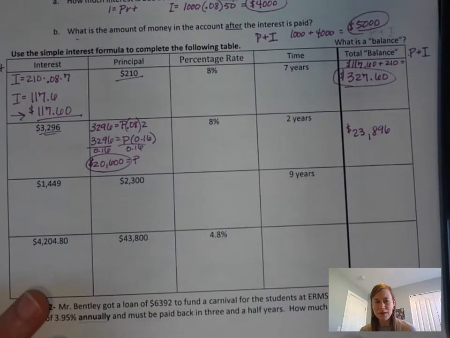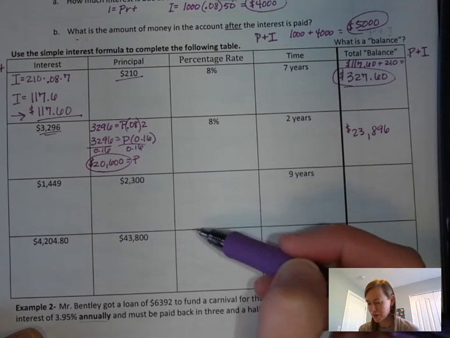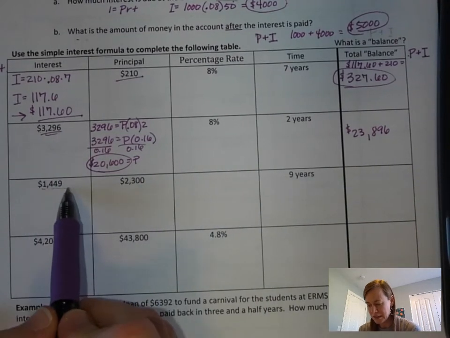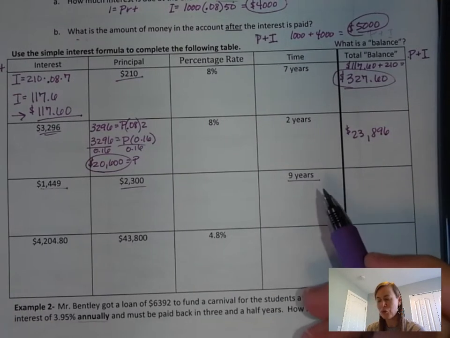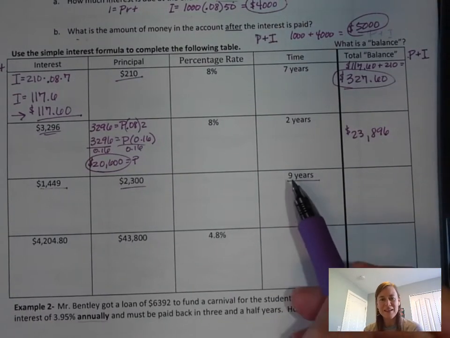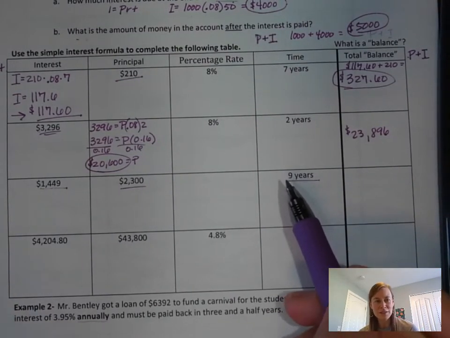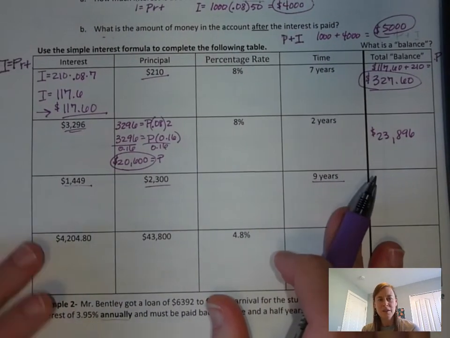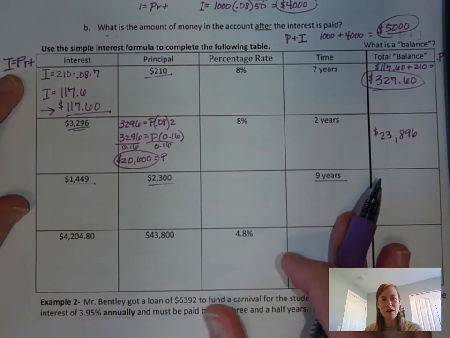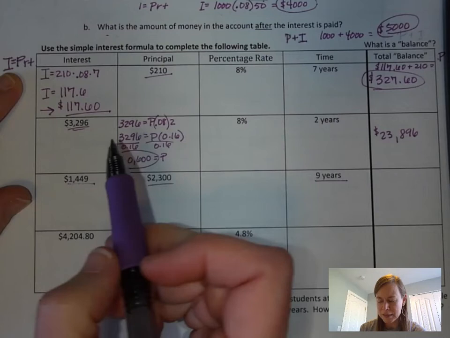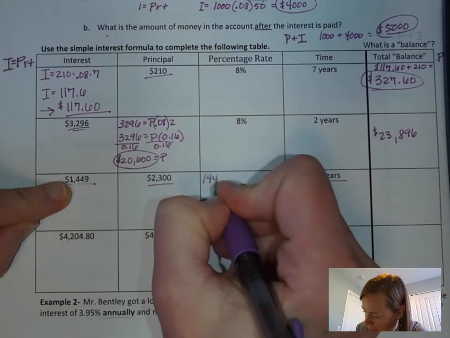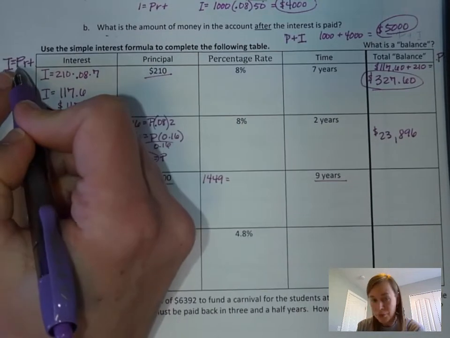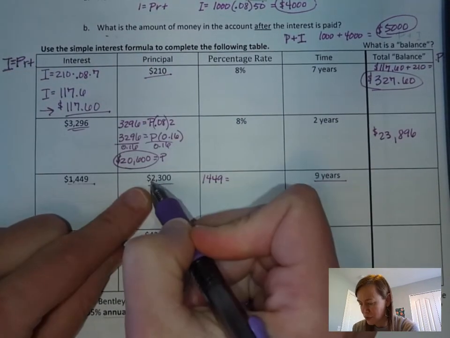Okay, this time the bit of information that's missing is the interest rate. So we have the interest itself, we have the amount of the principal, and we have the term, the time. Either way, we know that it was left in there for 9 years. So let's start filling out our equation. Here's the equation, I equals PRT. So first, I equals, and the I was 1,449 equals principal, which was 2,300.